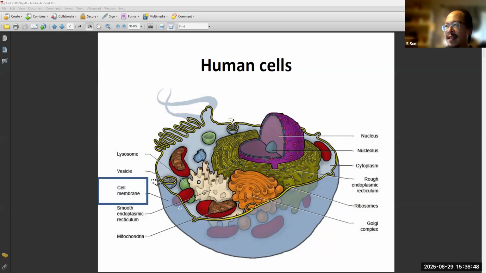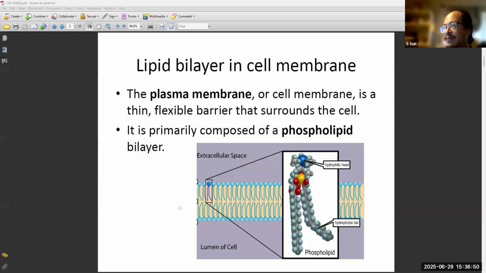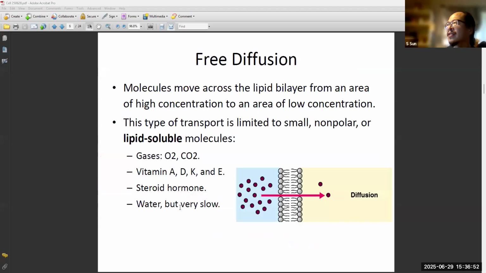The first one is called free diffusion. That's this one here. This type of transport doesn't require any protein. It just freely diffuses across the phospholipid.